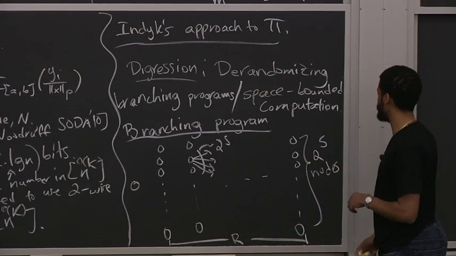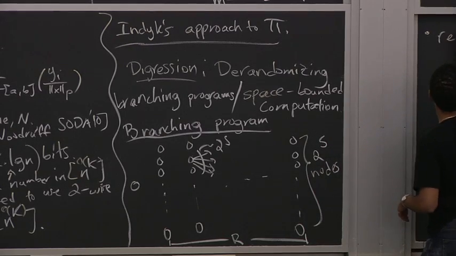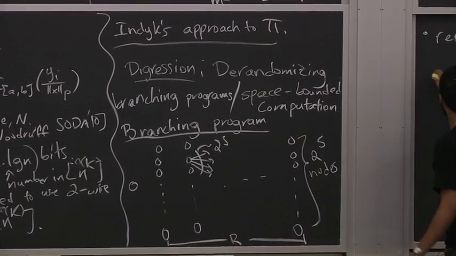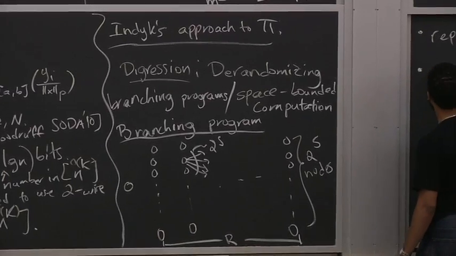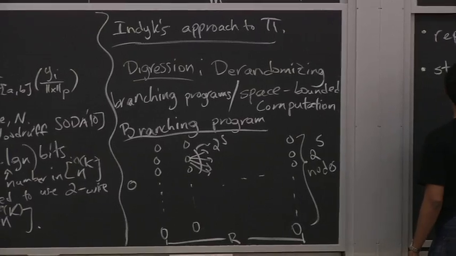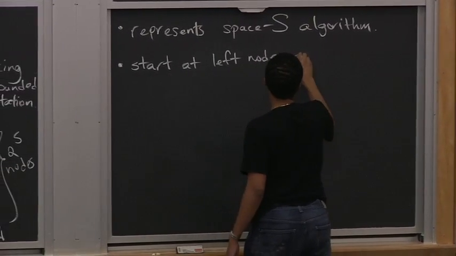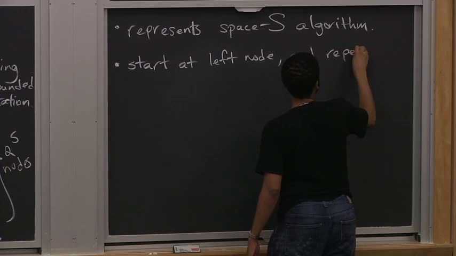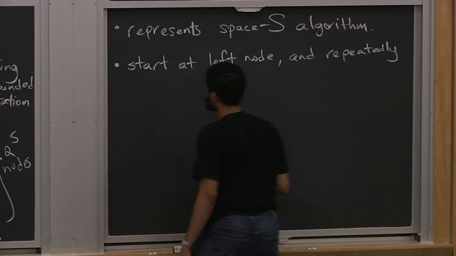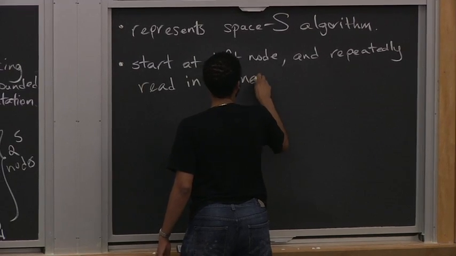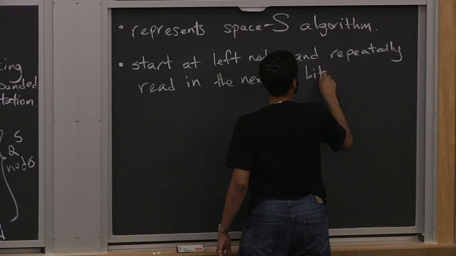Okay, so what should you view this as being? It represents a space S algorithm, right? You start at the left node and repeatedly read in the next S bits of input.